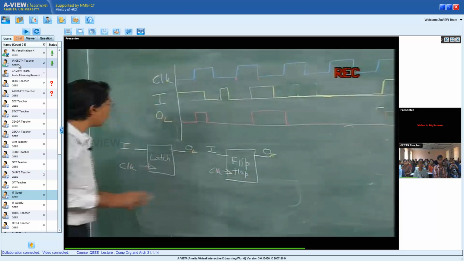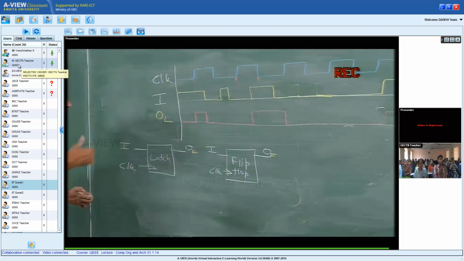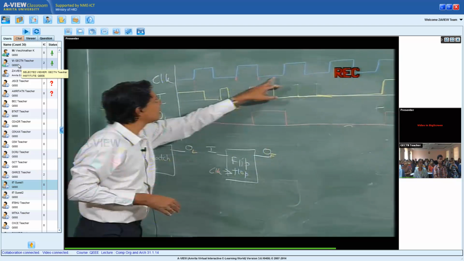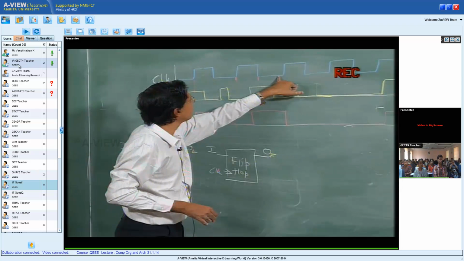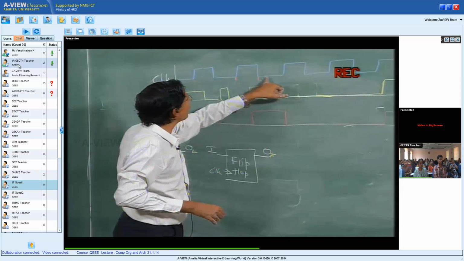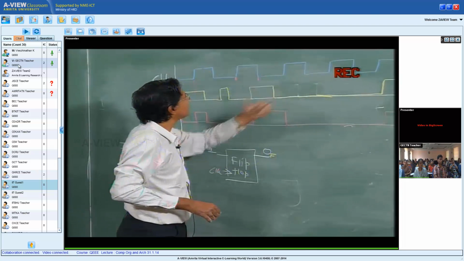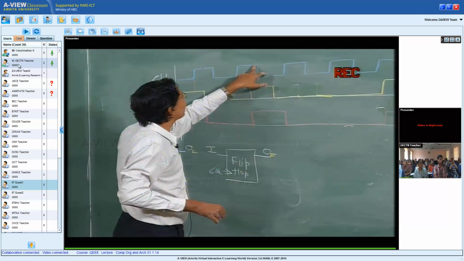So the output of a latch is equal to the input when the clock is 1. The output of the latch is the last assigned value of the input when the clock was 1, once the clock becomes 0. So when the clock becomes 0, for example here, the value of the output for this entire duration when the clock is 0 is the value of the input at the last point of time when the clock was 1.